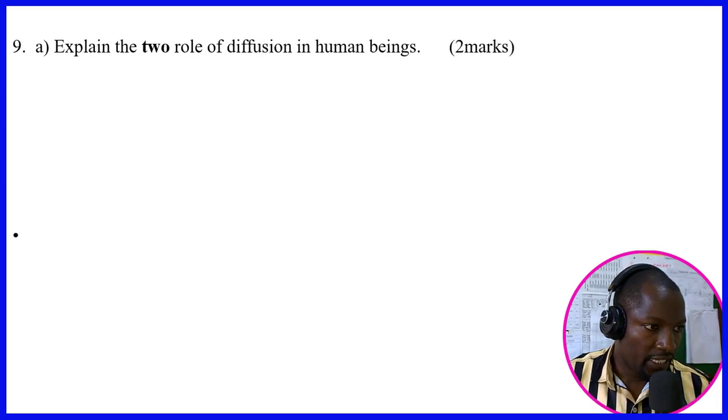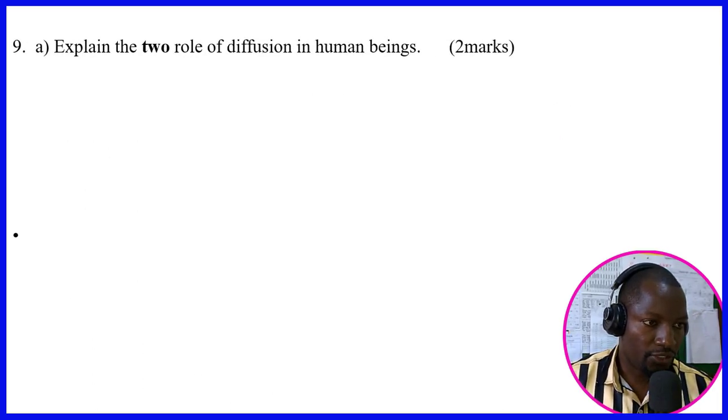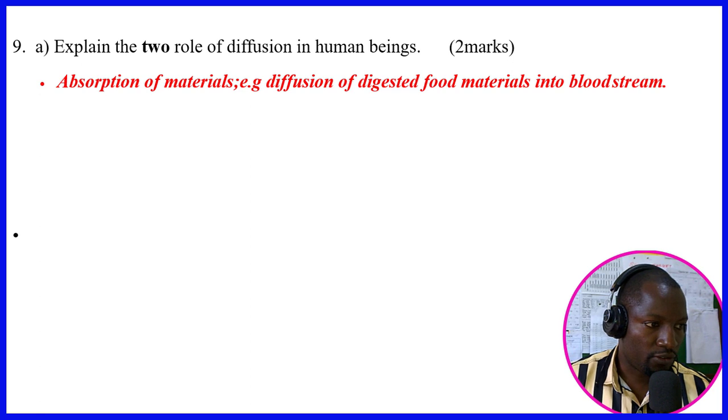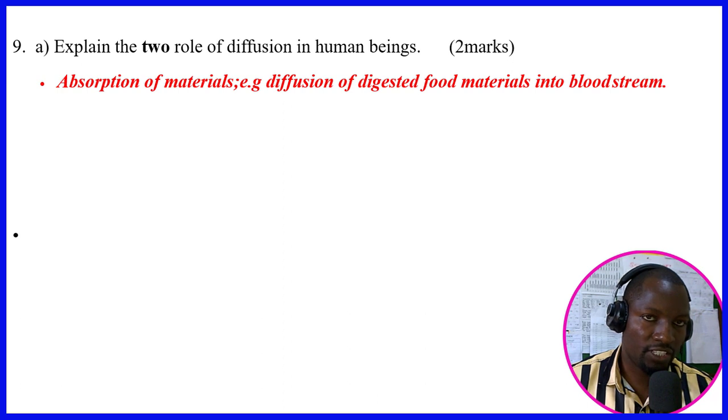Question number 9, explain the two roles of diffusion in human beings. The roles are: 1, absorption of materials, e.g. diffusion of digested food materials into the bloodstream.